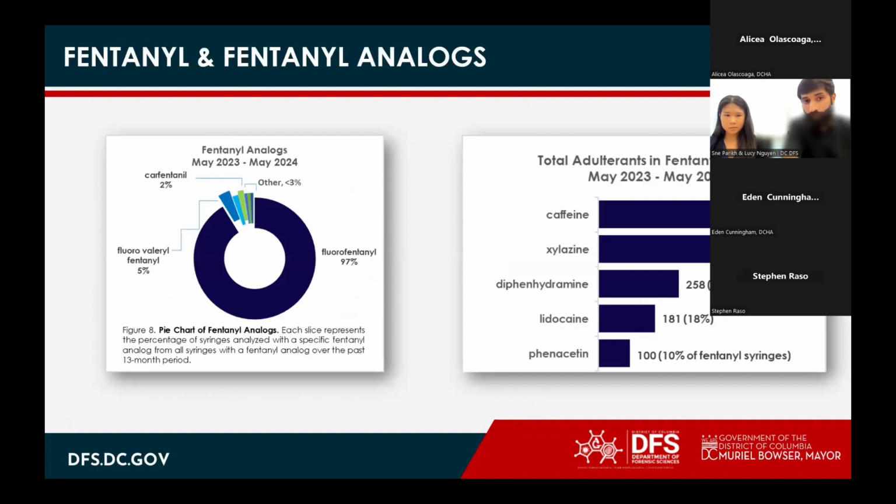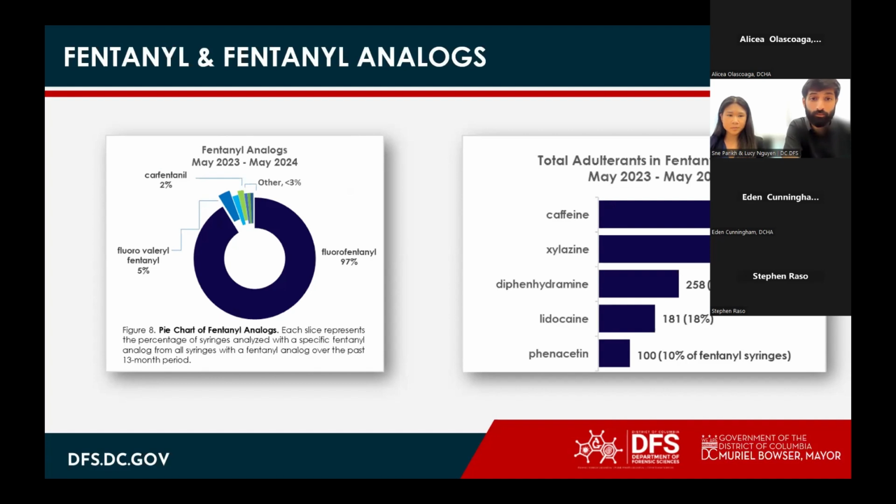And now to get even more specific than just opioids, we can break these trends down into the specific substances and what we're seeing alongside those substances. So you can see the pie chart on the left here breaks down the fentanyl analogs that we're seeing. As I mentioned earlier, the predominant one is fluorofentanyl.